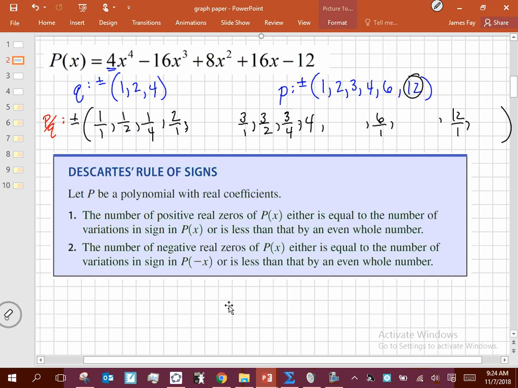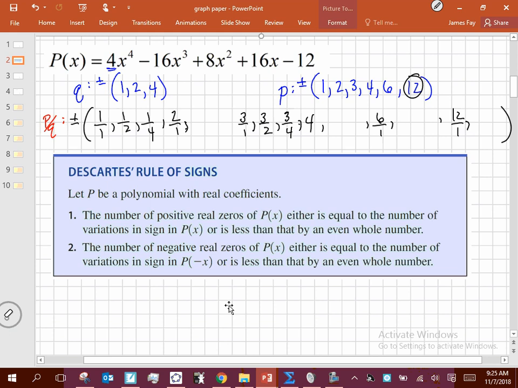When we look at those and they start to alternate or switch back and forth, if we count how many times they switch back and forth, it can lead us to an understanding of how many possible positive or negative zeros we might end up having. Okay.